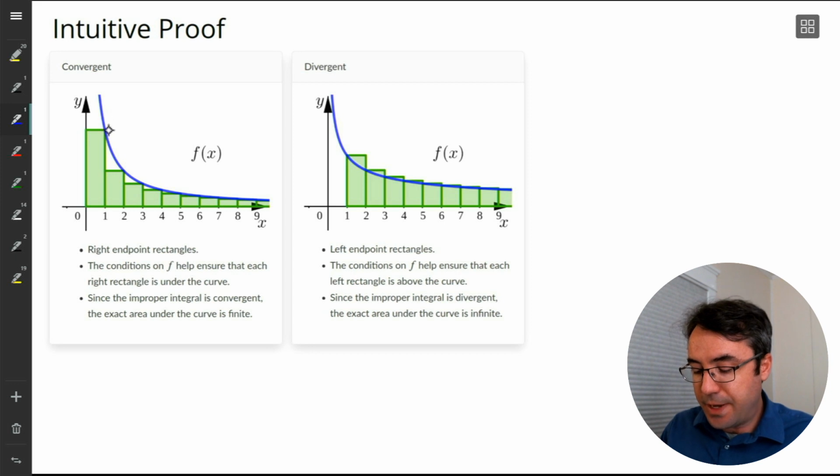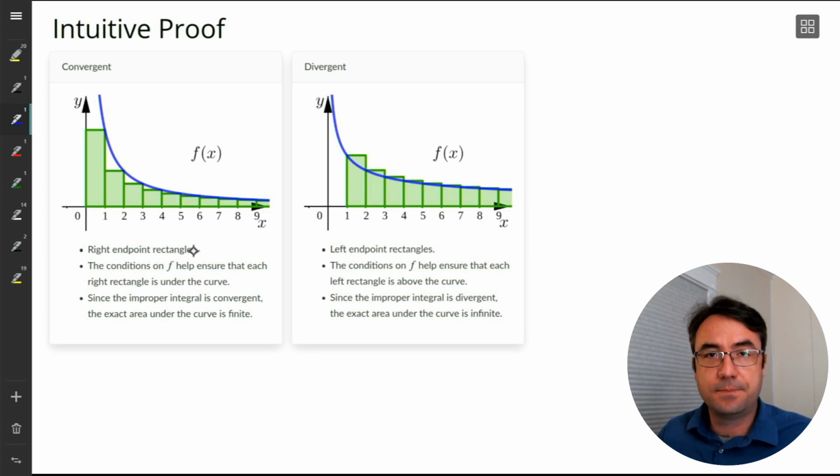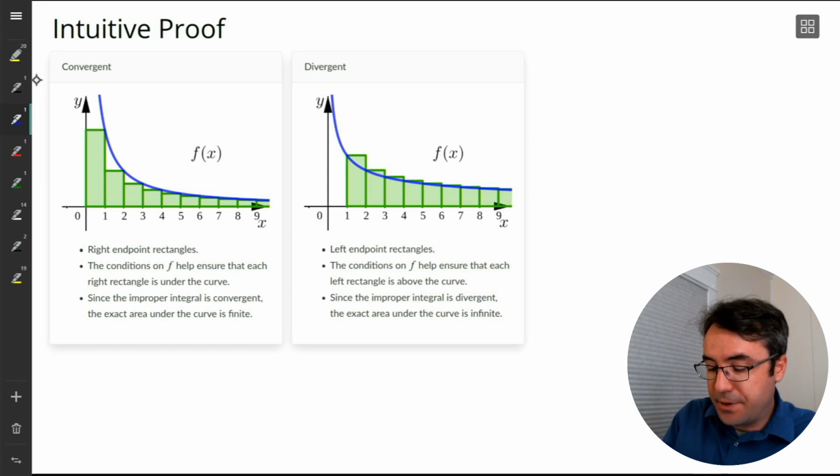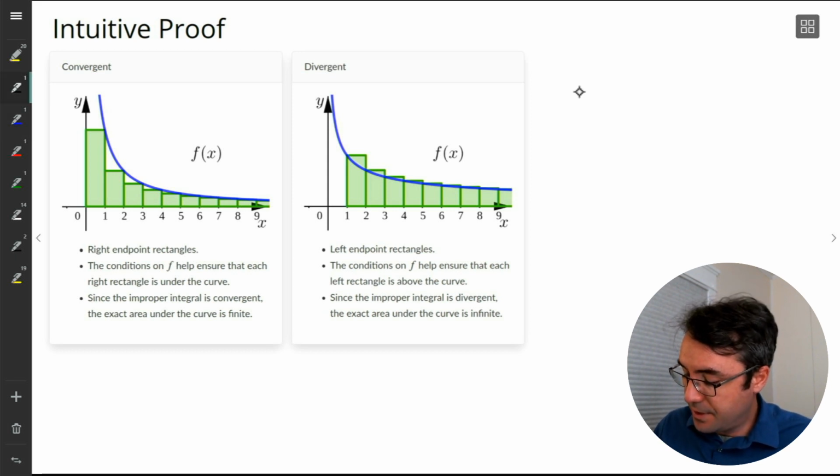In the case where we have a convergent improper integral, we can think of our series, sigma from n equals 1 to infinity of a sub n.